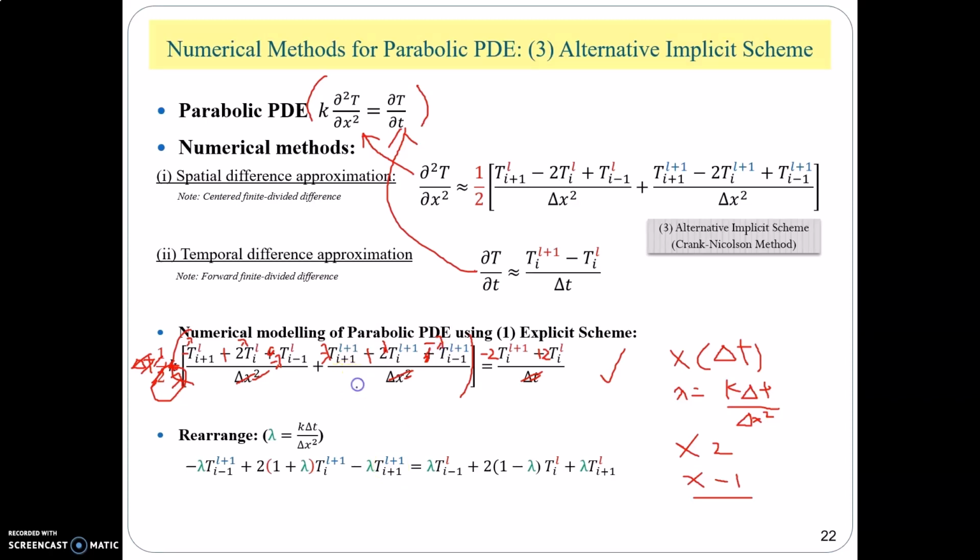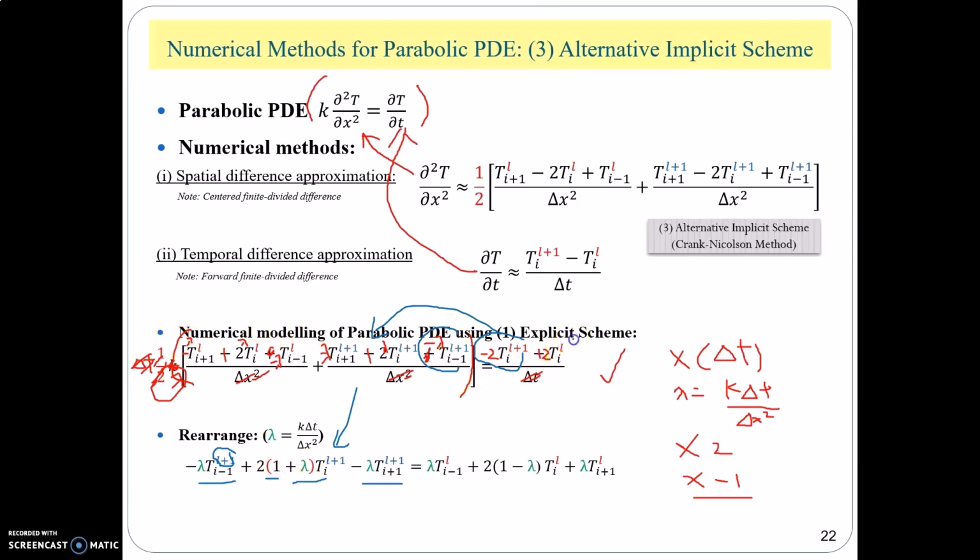Let's move the T(i) at L plus 1 to the left hand side, where you have negative lambda T(i+1) here, which is this term, plus 2 lambda T(i), which is this term. And then when you convert to the left hand side, you obtain positive 2 T(i), which is this term.